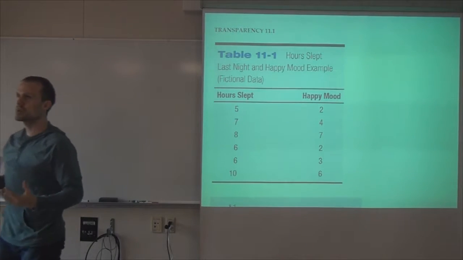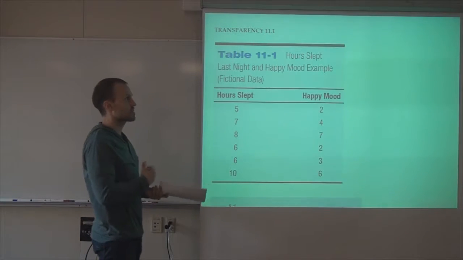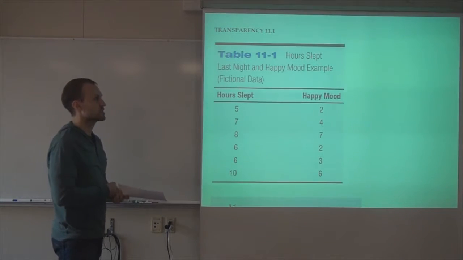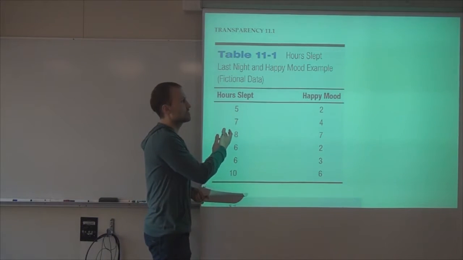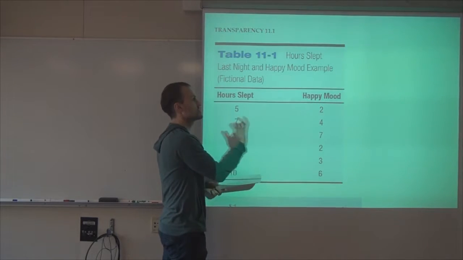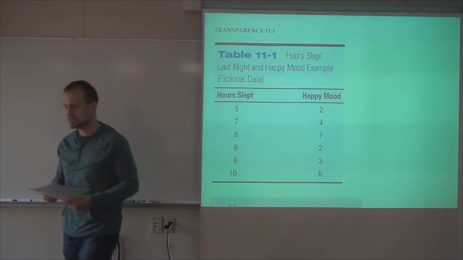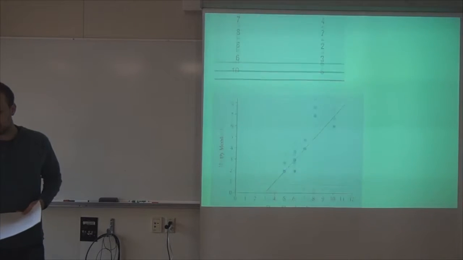Is there some relationship between them that we call the correlation? Does the number of hours slept affect your mood, or does mood affect the number of hours slept, or is there some link between them? That is what we're trying to investigate.